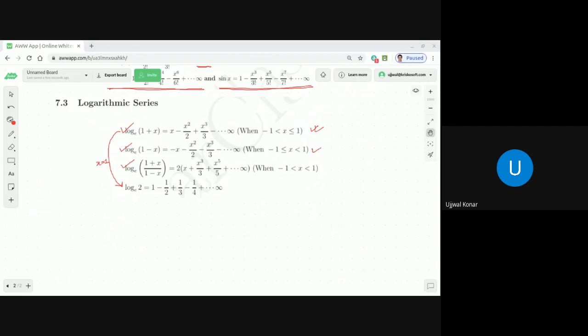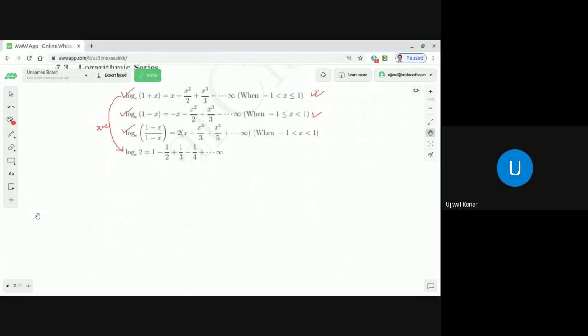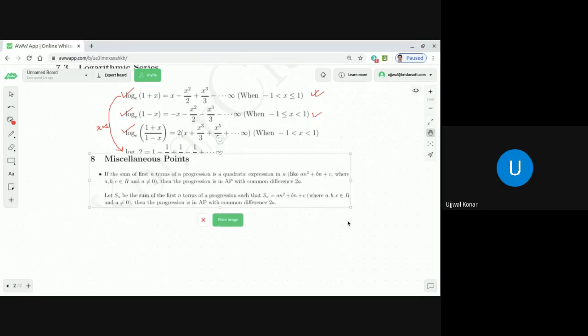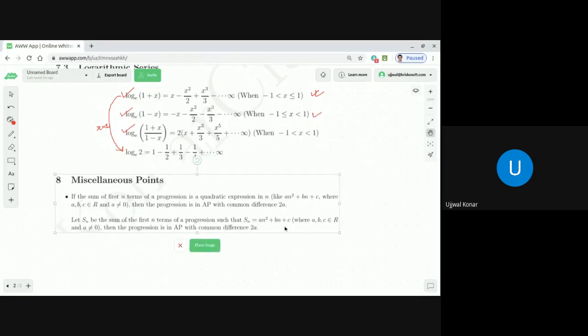I define these as miscellaneous points, and those miscellaneous points become a part of theory later. So one such miscellaneous point, you can just remember and apply as and when required.